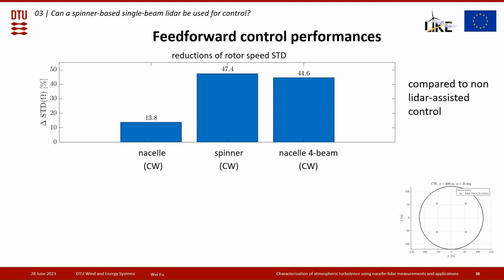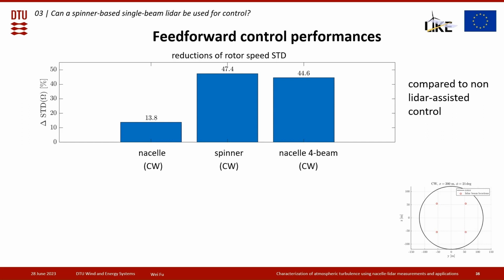Using the LiDAR-assisted control, we can gain around 13% using this nacelle-based one-beam LiDAR scanning in a staring mode. And this reduction increases to 47% using the same LiDAR in the spinner.